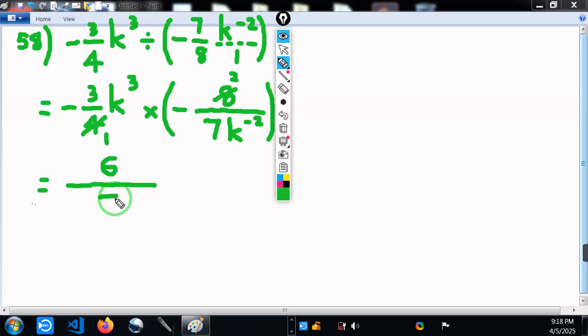Downstairs is 7. Upstairs still has a K. Power 3. We see a division, it means minus of the power. What power? One more step, we put minus 2. This is very straightforward.